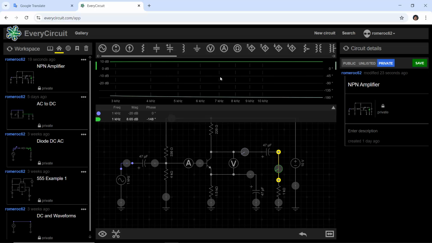For example at 5 kilohertz you will get a gain of 10 decibels and a phase of minus 180.